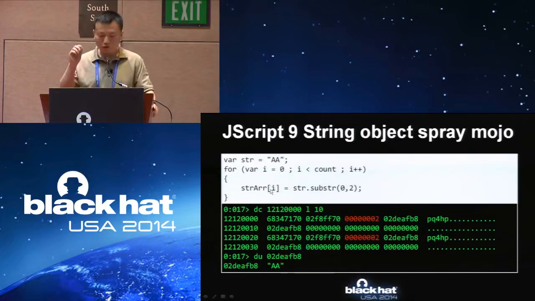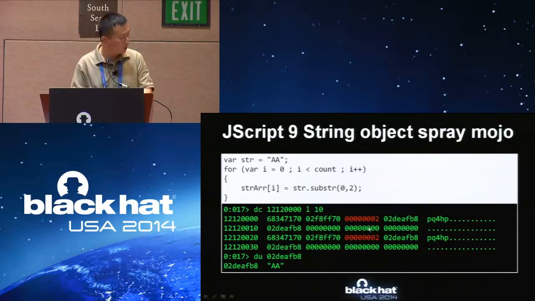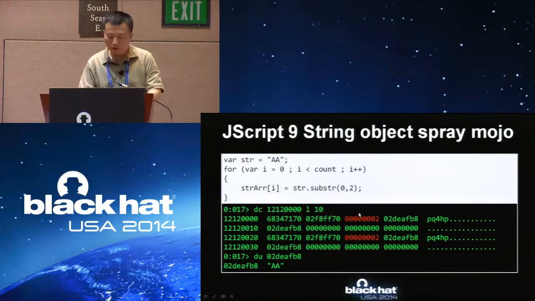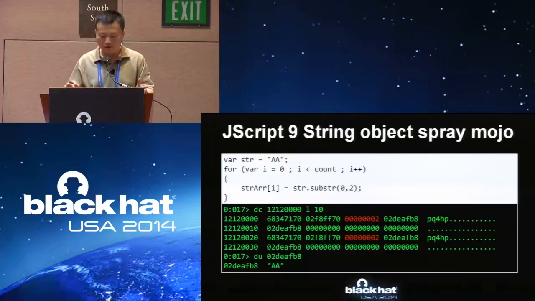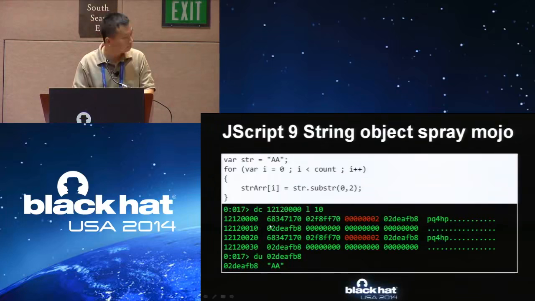We spray a very short string many times, then we get the string object at the address we wanted, and so the length too. Using this technique, we don't even need to locate the length address. We can control it. See, this length is at the sprayed address. So I say it's much better.